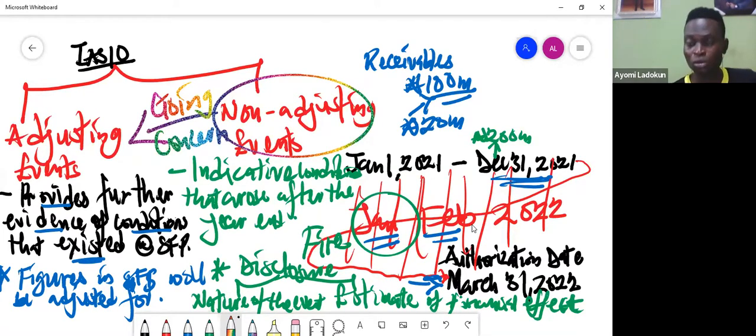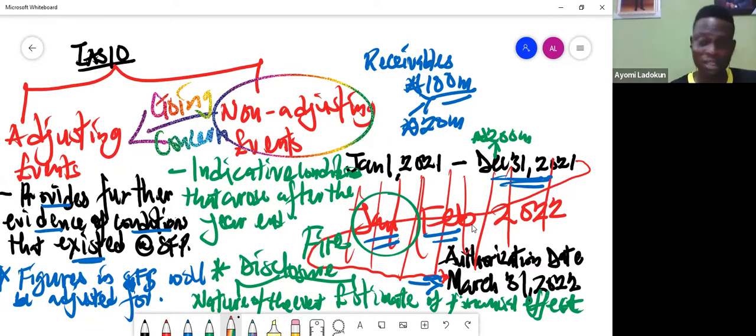Then number 2, another problem with IAS10 is which one is an adjusting event and which one is a non-adjusting event.